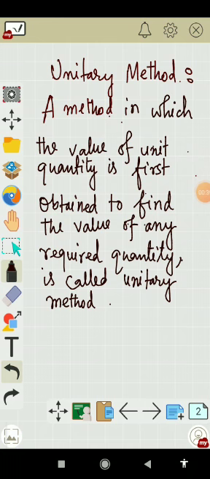So there are two types of variation. In solving problems on the unitary method, we come across two types of variation.